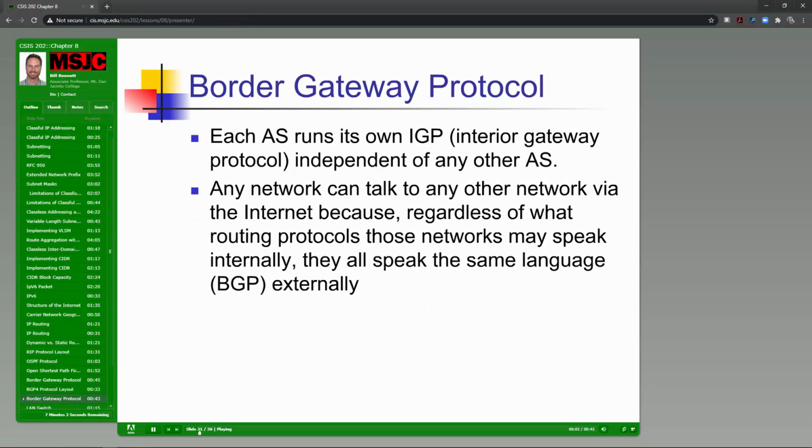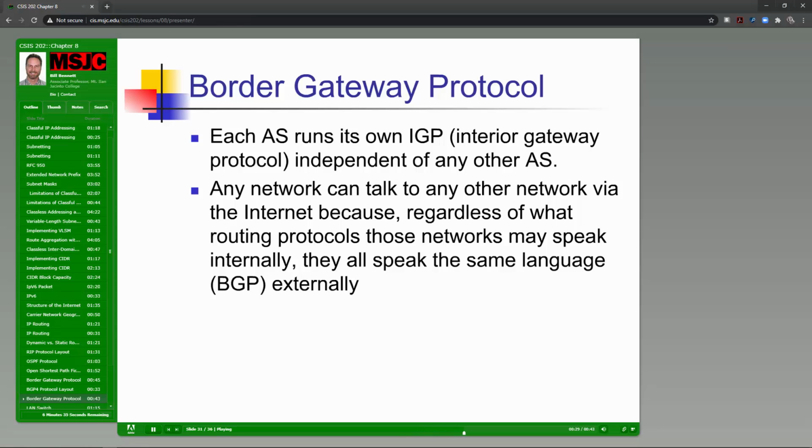So each autonomous system, which is basically a different organization, is internally going to be running its own interior gateway protocol independent of any of the other organizations or autonomous systems. You might have one company running RIP inside, one company might be running OSPF inside, and that's really not going to affect the way that the Border Gateway Protocol is working between the edge routers.